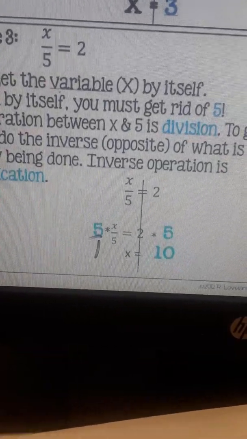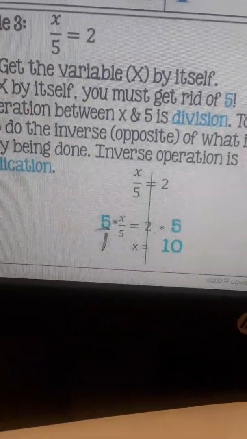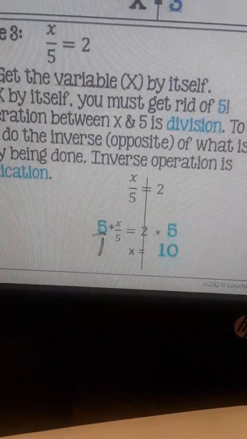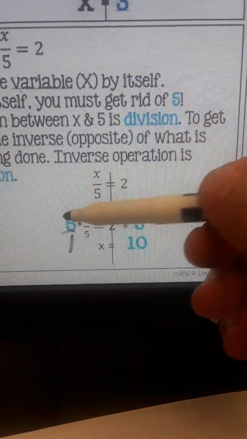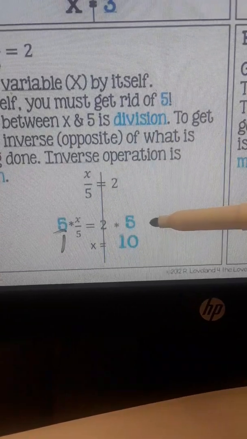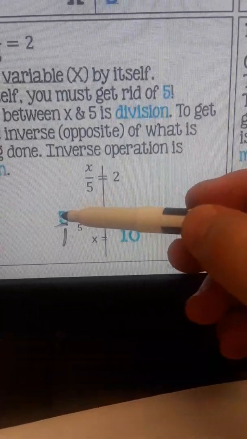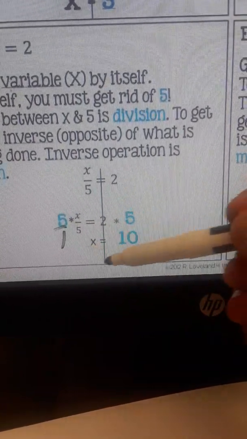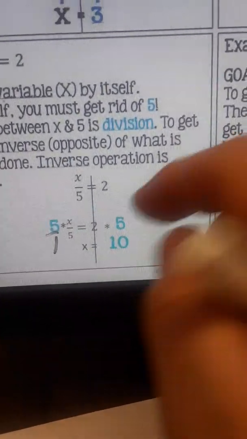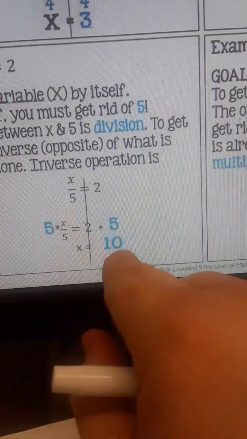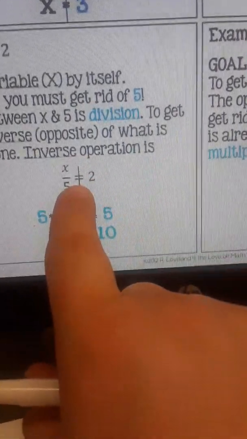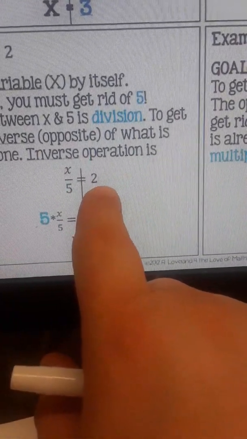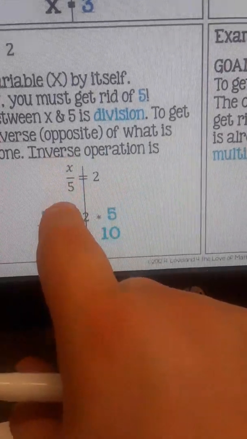You don't have to put it that way. You can just put the times 5 as it is in the notes. If I multiply by 5 to both sides, it leaves me with 5 times x divided by 5, which leaves me with 1x or x. So double check your answer though. 10 divided by 5 gives me what? 2, right? 10 divided by 5 equals 2.